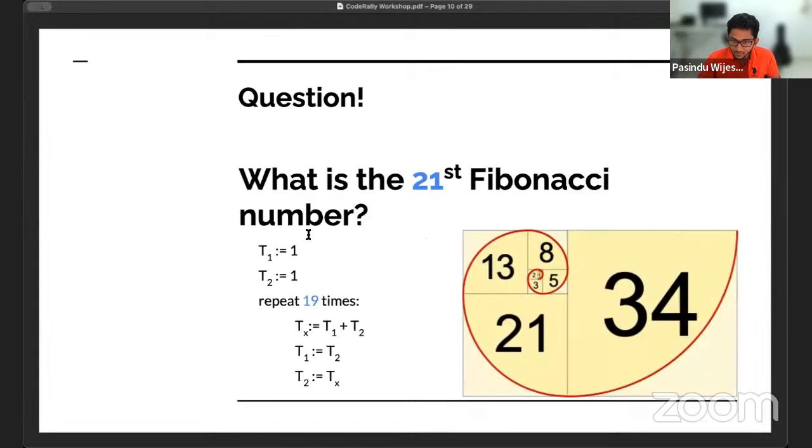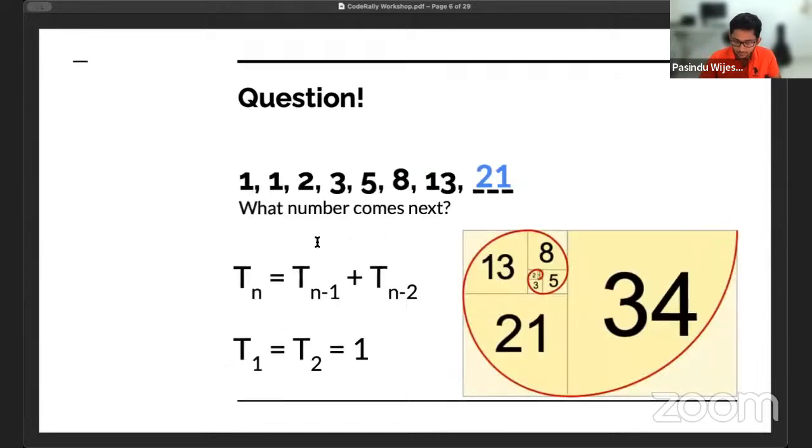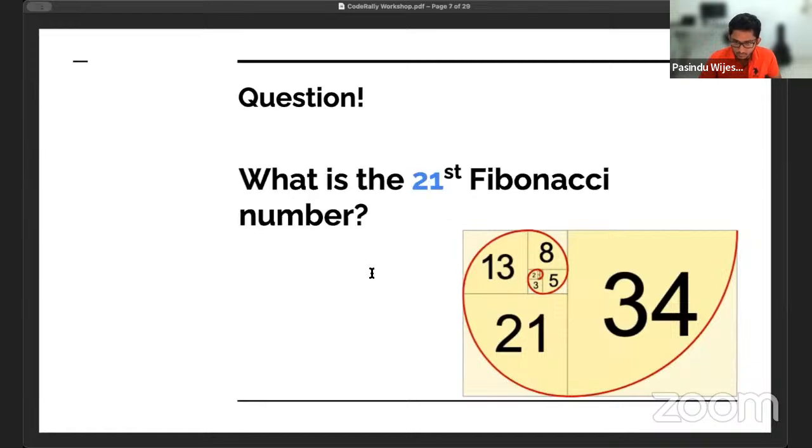For example, if we used this algorithm with the loop and wanted to compute the 10 to the power 20th Fibonacci number, it would take forever, as in it would take years to compute.